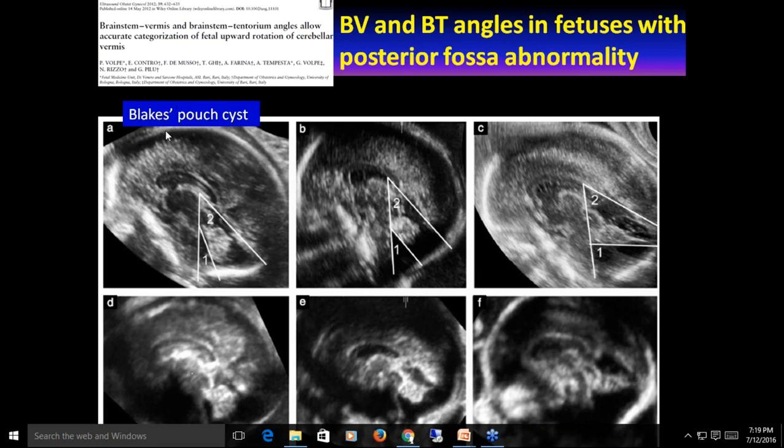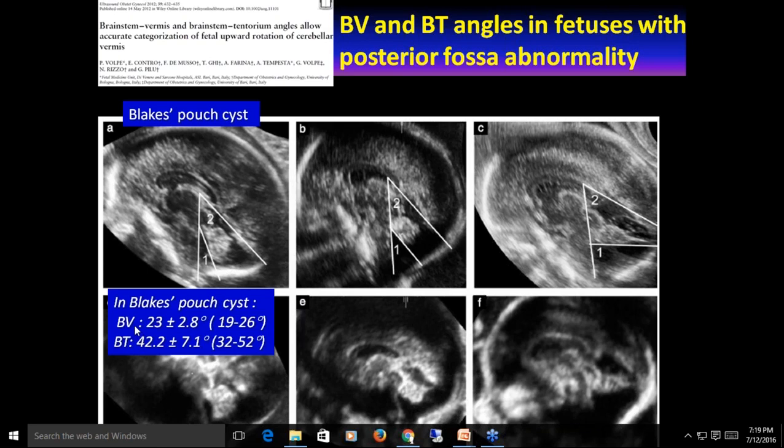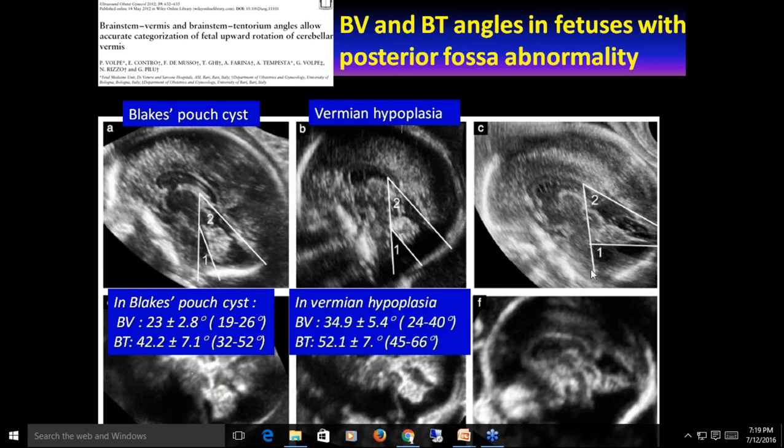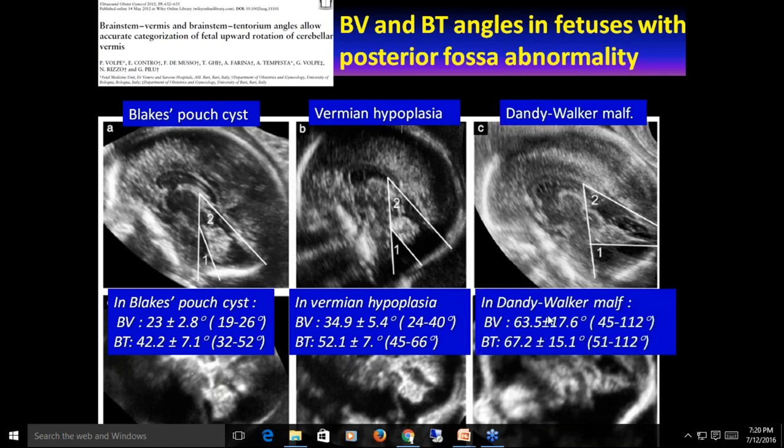So in cases of fetuses with a diagnosis of Blake's pouch cyst, there was a small elevation of both the BV and the BT angle. In cases of Vermian hypoplasia, there was a little bit more increase in both the BV and the BT angle. And in cases of Dandy-Walker malformation, these angles were very increased, both the BV and BT angle.